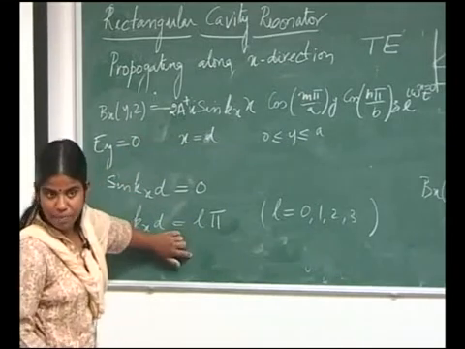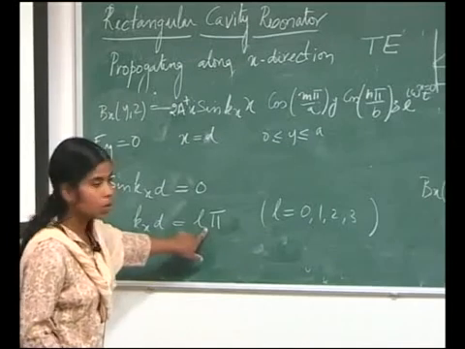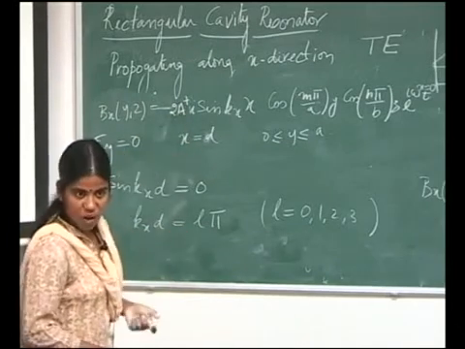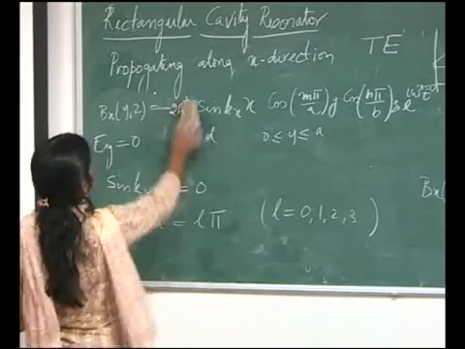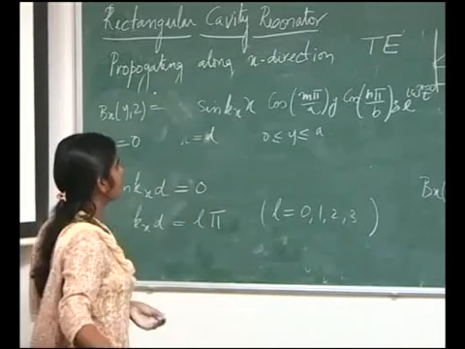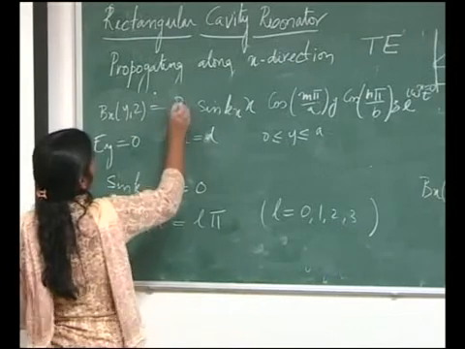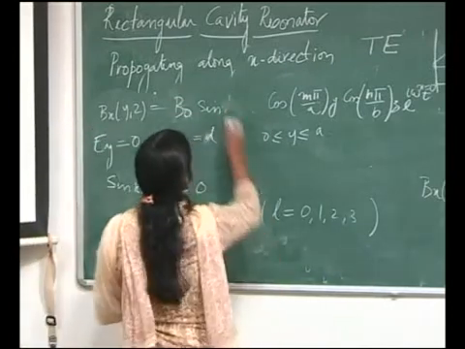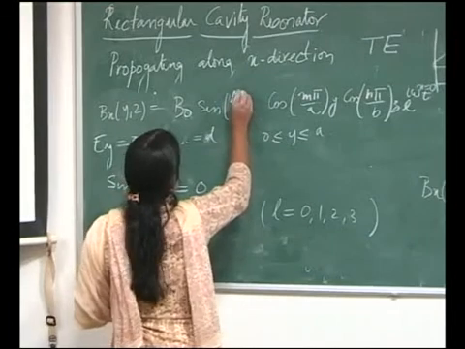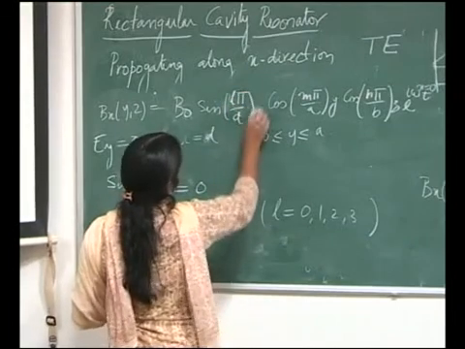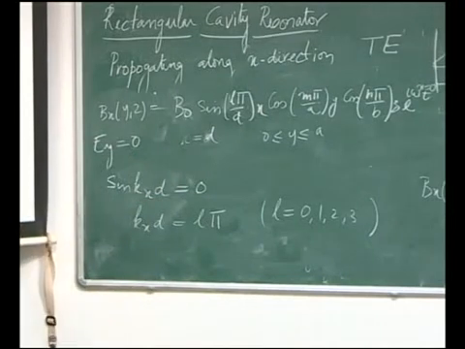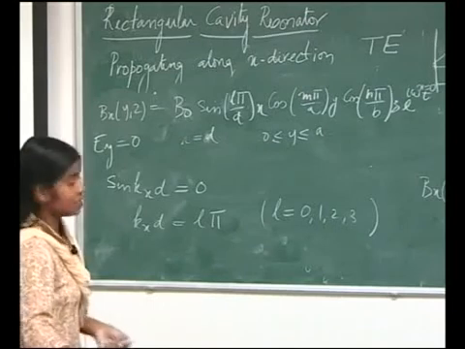This step is clear, that kx is equal to L pi by d, and I again assume that this whole thing is a constant, some constant. So, I will write that this is equal to some b naught into sin L pi by d into x into this. Is it clear?